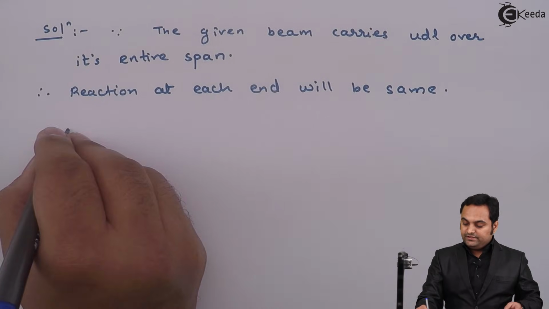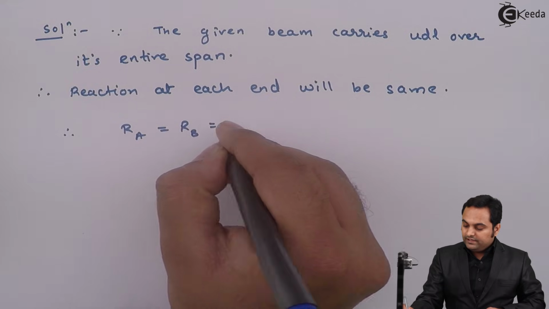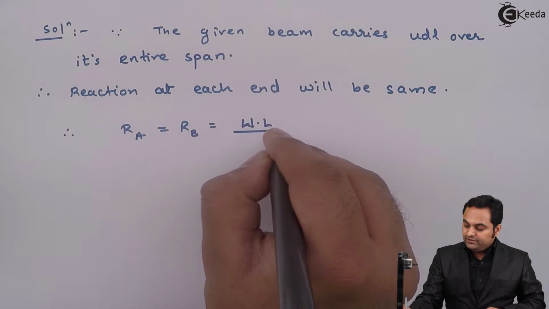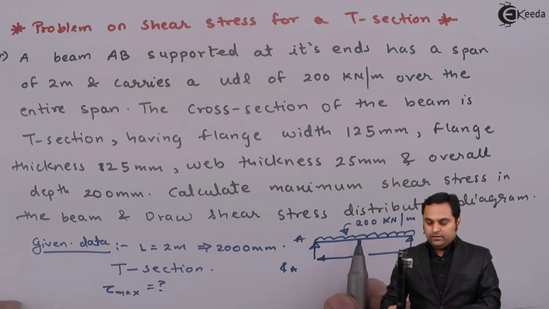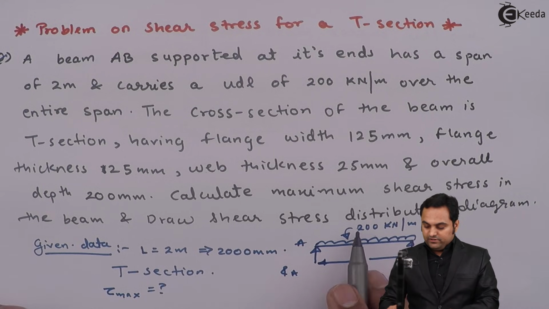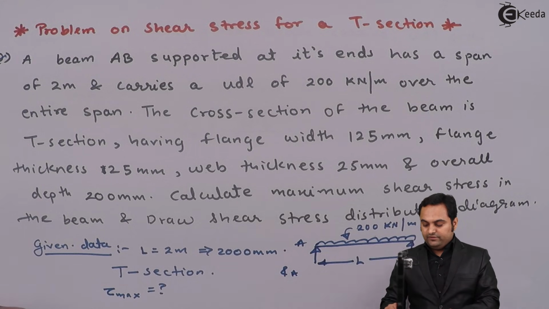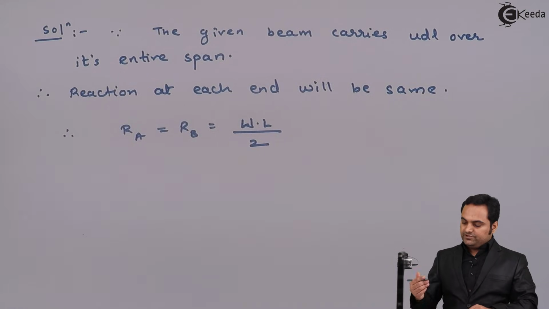So therefore reaction RA will be equal to RB, and that will be W into L divided by 2, because W is the intensity of UDL. When we multiply it by the capital L, that is the span, we convert it into point load, and that we would be dividing into two halves, that is the load is shared equally by each of the supports.